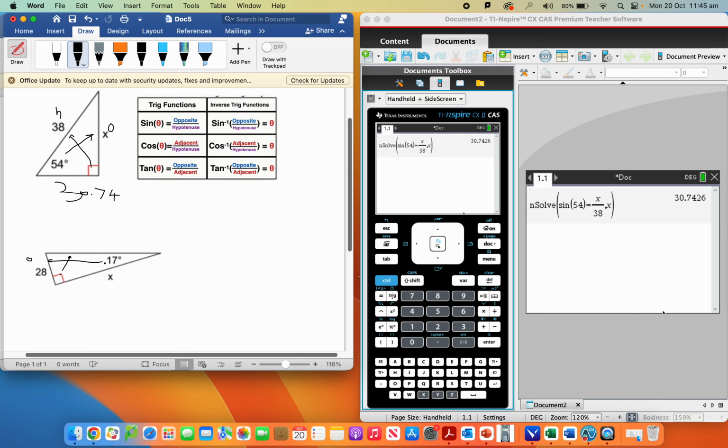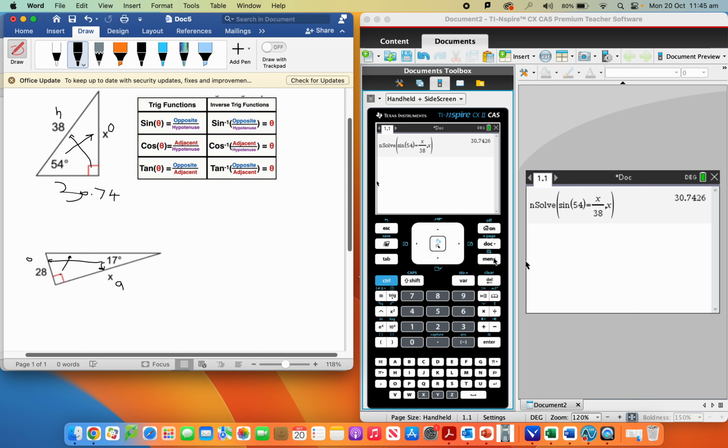And then we have the side that's next to the angle, not including the hypotenuse because that's got its own name. This is going to be our adjacent side. The trig ratio that relates opposite to adjacent is the tan ratio. So now we're going to find the value of the adjacent side.